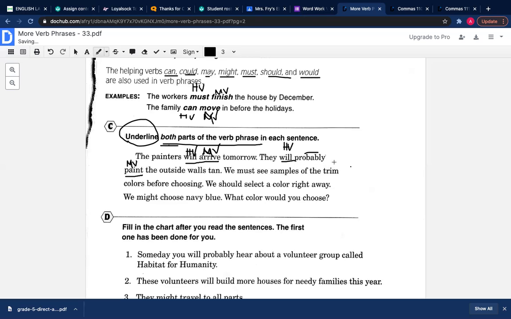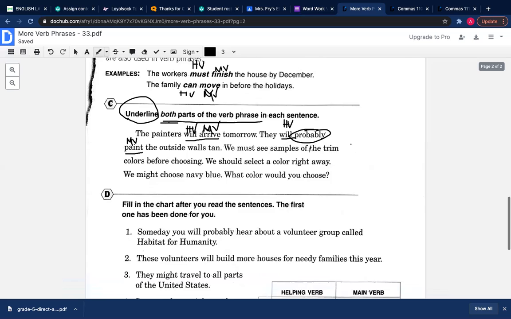It does not tell you that you need to circle your interrupting word. I'm just doing that to emphasize here with you that there might be some of these in here that you have to underline your helping verb and your main verb independently from each other, because they won't be right next to each other. There might be a word in between them. Okay? All right.